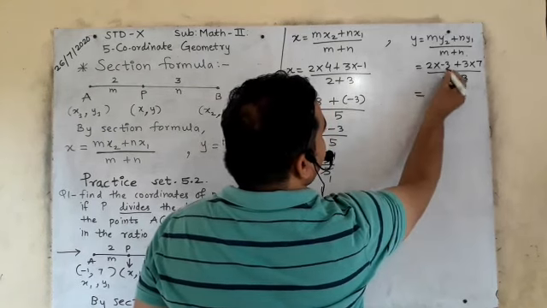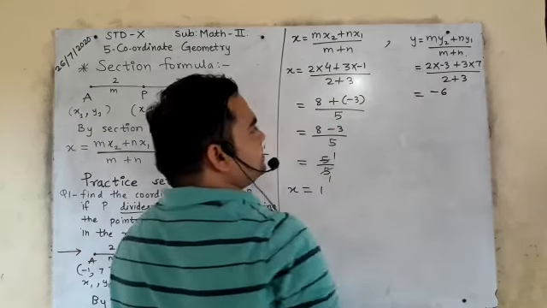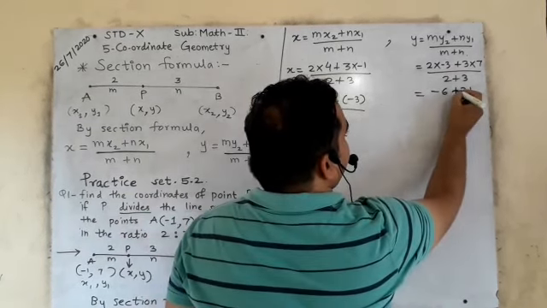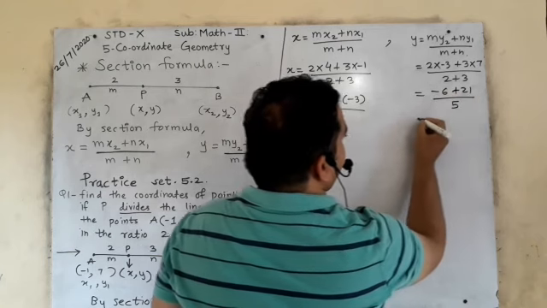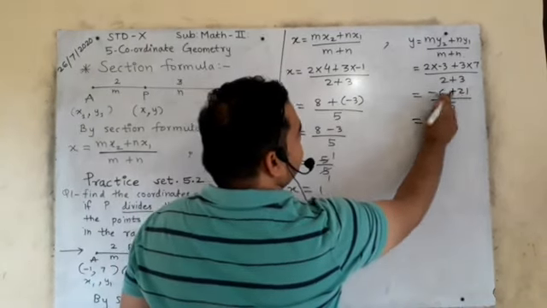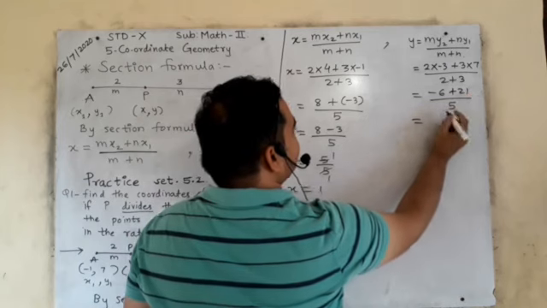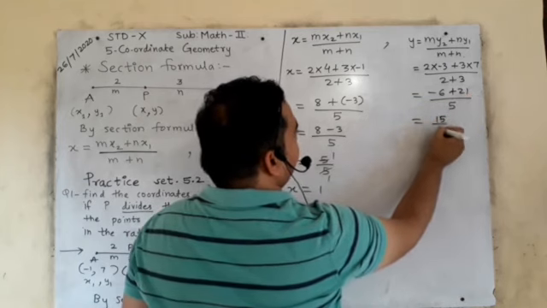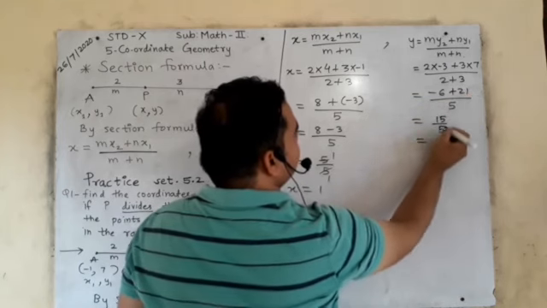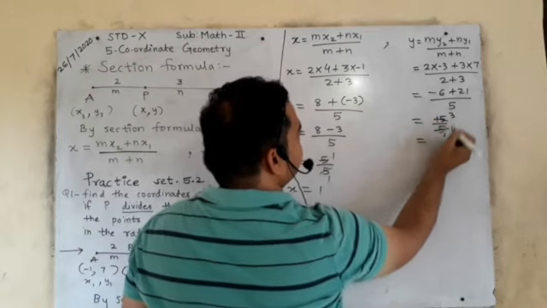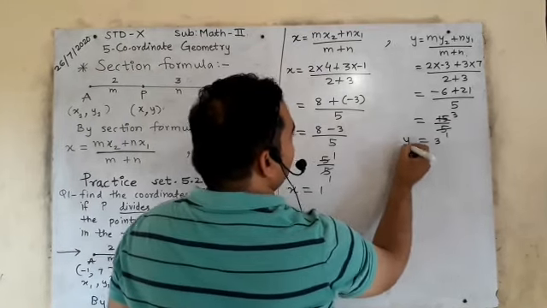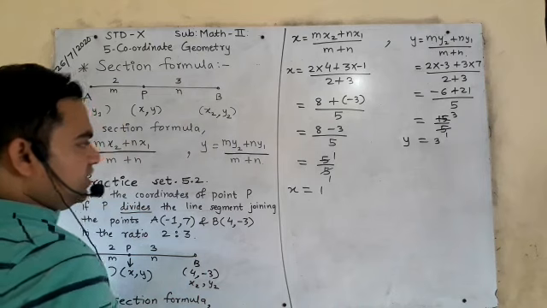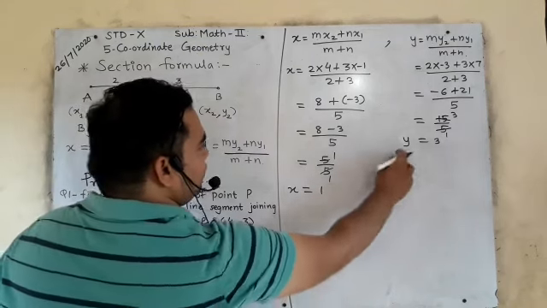Is it clear? So this will become -6 plus 3 7s are 21 upon 5. What will be the answer? Will come plus 21 minus 6 will be 15 upon 5. Is it clear? So answer will be 5 ones are 5, 5 3s are 15. So answer will come y is equal to 3. So what are the values? x is equal to 1 and y is equal to 3.